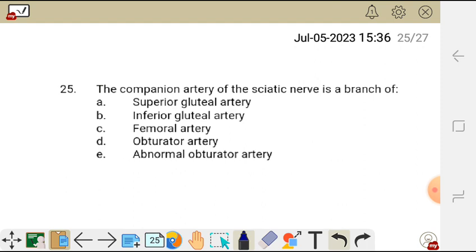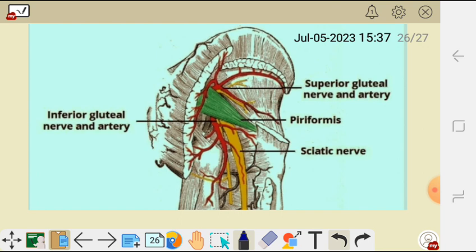The companion artery of the sciatic nerve is a branch of A. Superior gluteal artery, B. Inferior gluteal artery, C. Femoral artery, D. Obturator artery, and E. Abnormal obturator artery. So in this diagram, this is the sciatic nerve there.